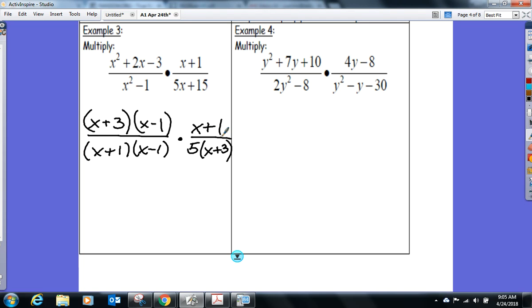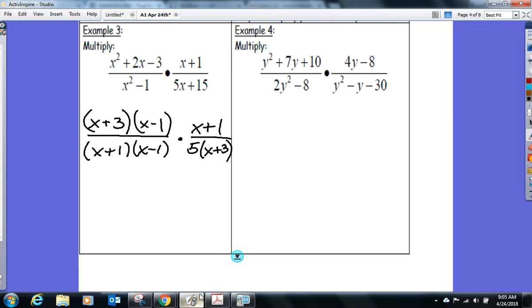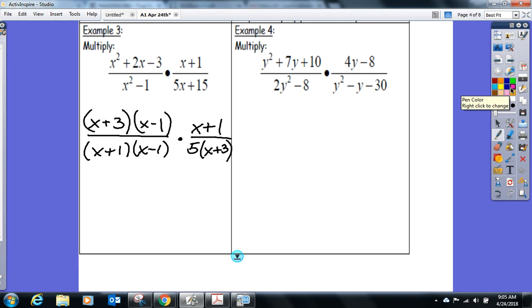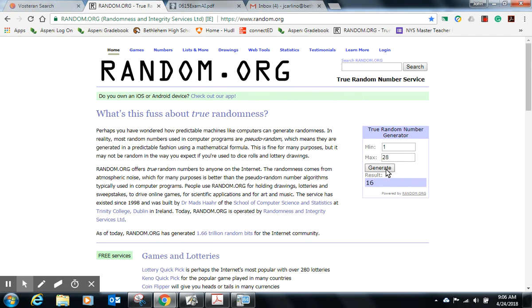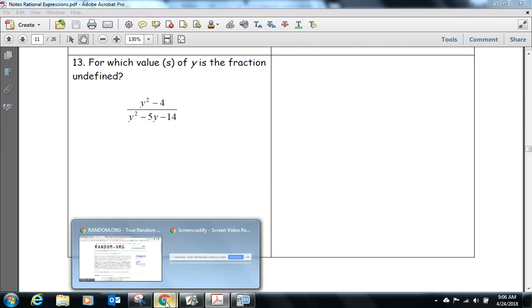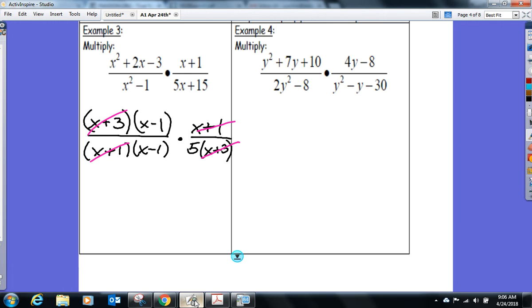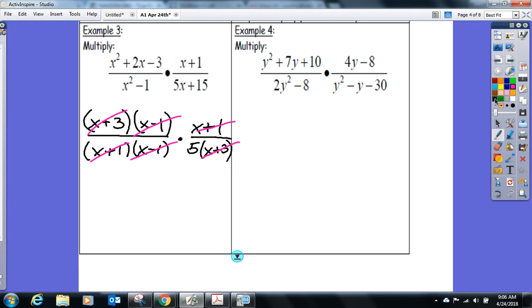Numerator, denominator, one for one. Cross out time. What do you want me to get rid of? Be interested to see what you think the answer is.